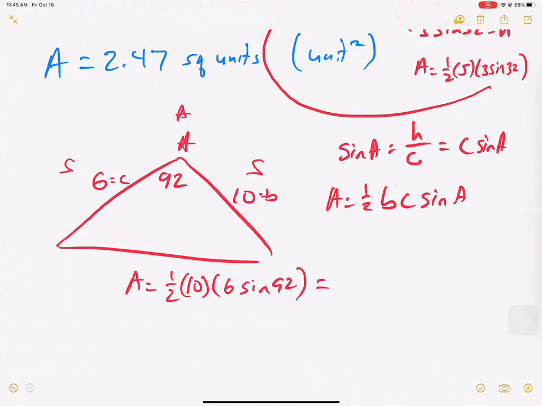If you don't know how to type it, I'm going to write 0.5, makes it easier, times 10 times 6 times 92 sine equals. I'm getting 29.98.